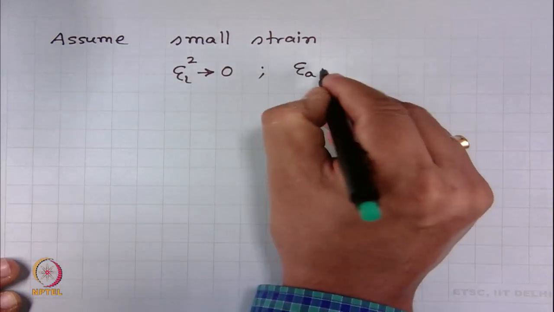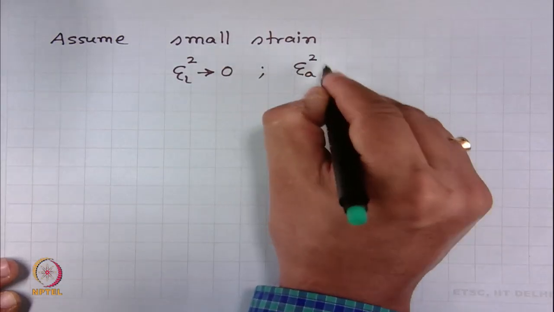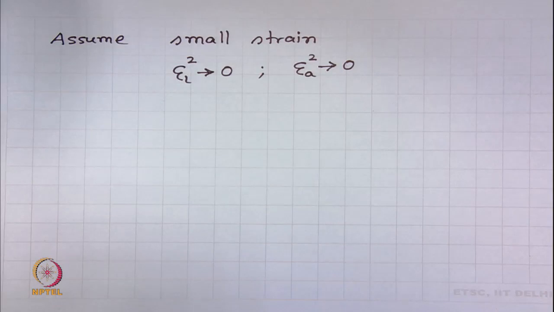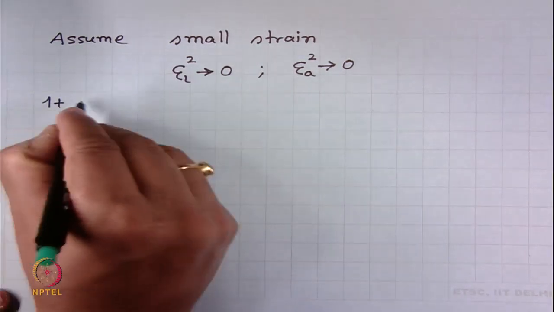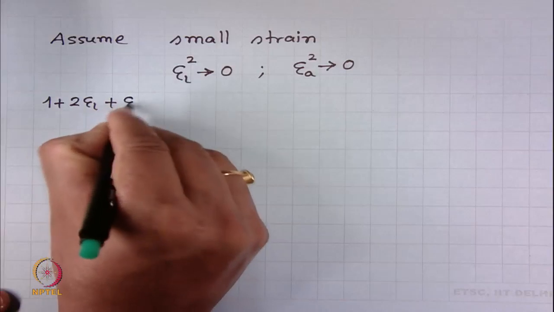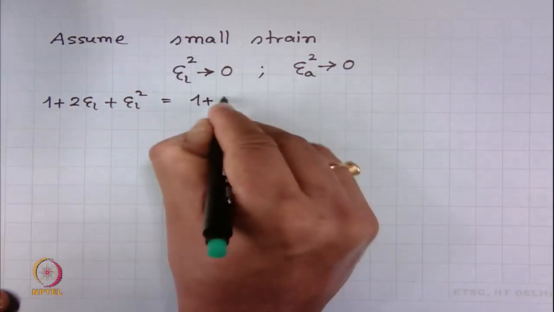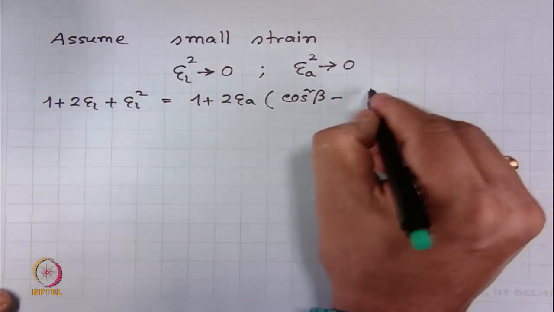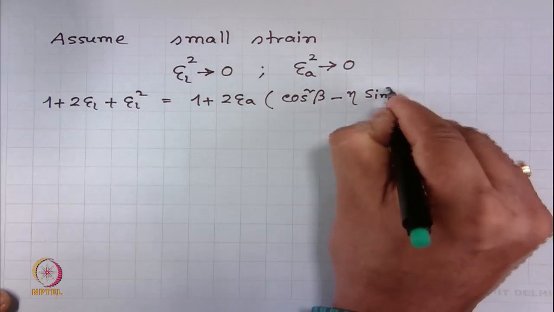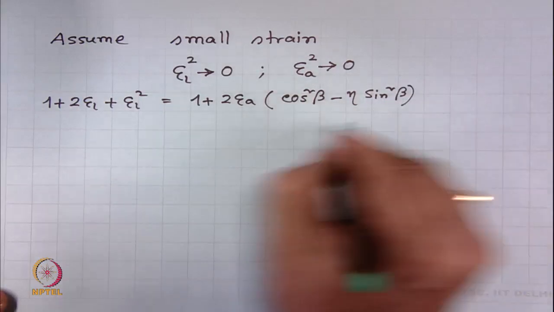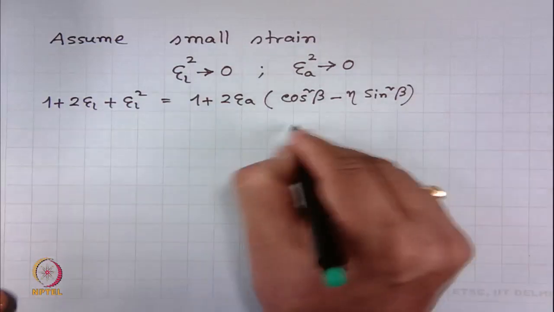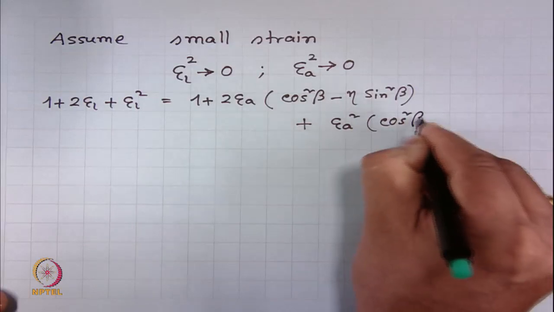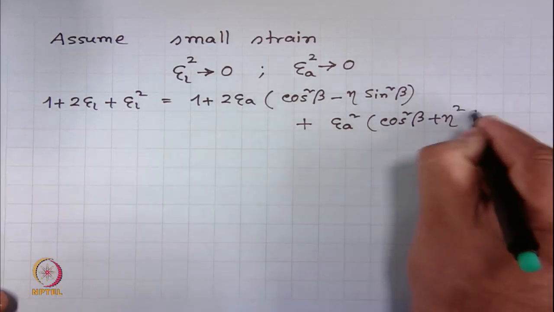Similarly, when axial strain is small, the square of a small quantity will be further small, this tends to 0. So, if we rewrite our earlier expression: 1 plus 2 epsilon a cos square beta minus eta sin square beta plus epsilon a squared cos square beta plus eta squared sin square beta.